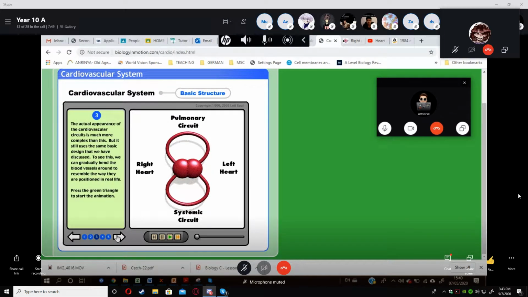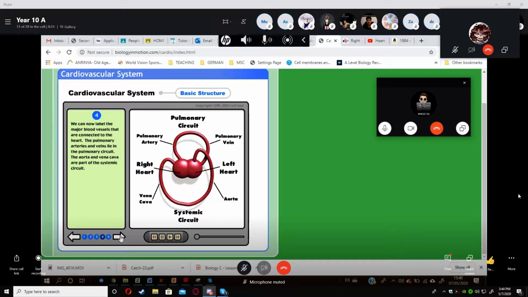The actual appearance of the cardiovascular circuit is much more complex than this. If I put this right, it will gradually bend this way. It should be like this because the systemic circuit starts from the left part of the heart and the pulmonary circuit starts from the right part of the heart.